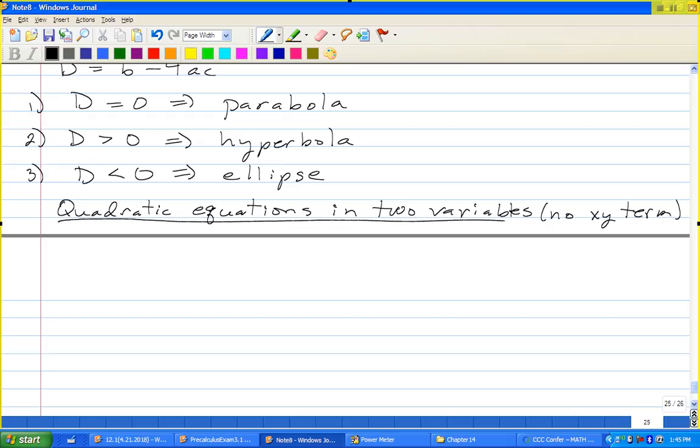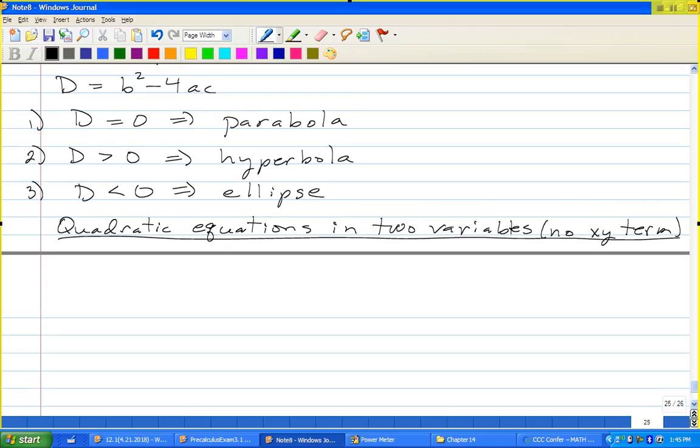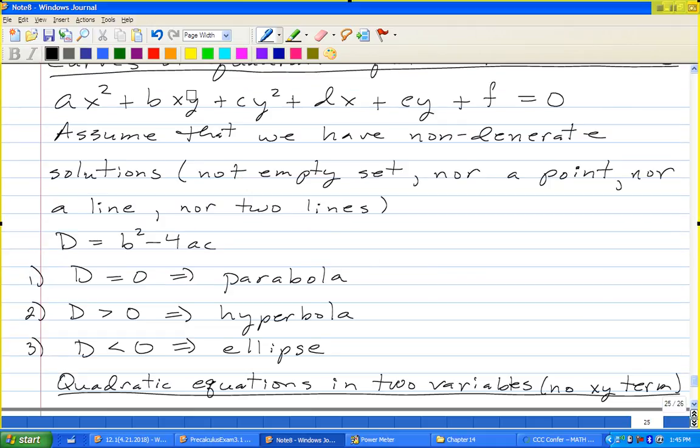I can say a little bit more about this if I assume that this term here is 0.